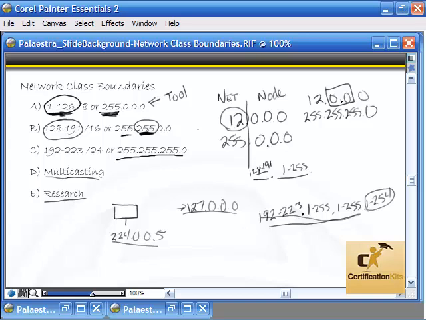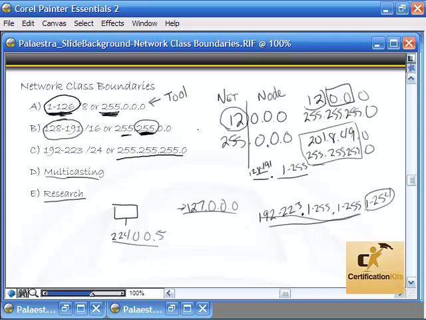If I'm using a Class C network address, like say 201, and I'm using the same subnet mask, I don't have any subnets, because a Class C uses the first 3 octets for the network portion.